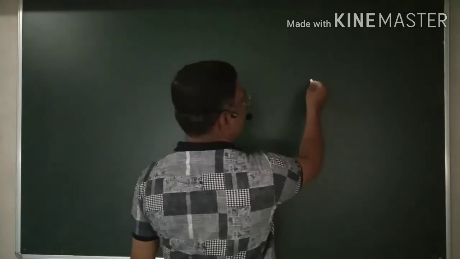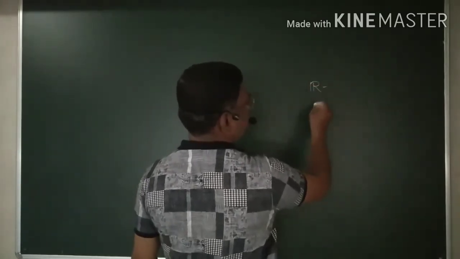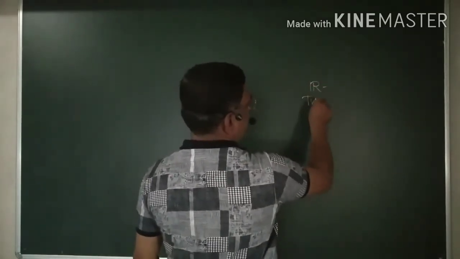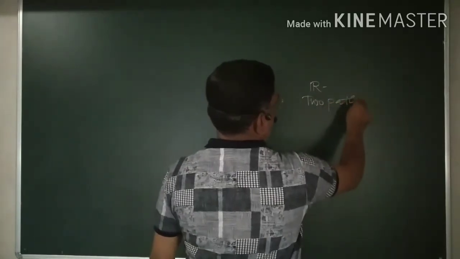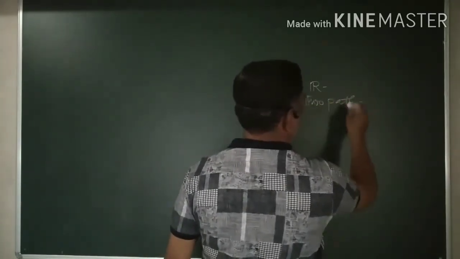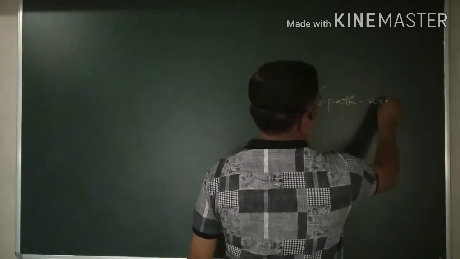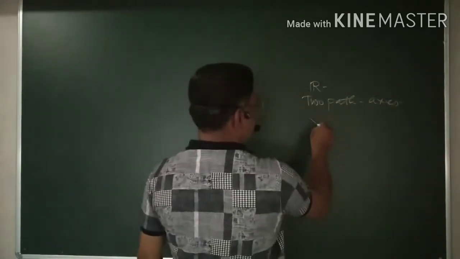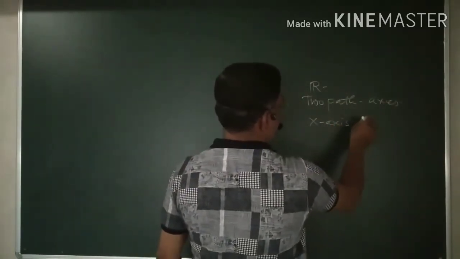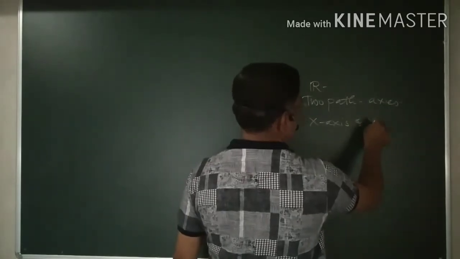As far as the real line is concerned, there are only two paths. Two paths are there, which are nothing but the axes, the x-axis and the y-axis.